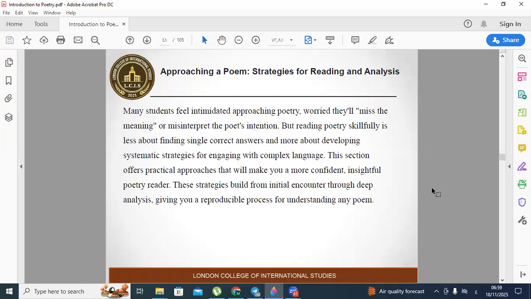These strategies build from initial encounter through deep analysis, giving you a reproducible process for understanding any poem. You can apply these same steps to a Shakespeare sonnet, a contemporary free verse poem, or a haiku. The approach remains consistent even as the poems vary wildly.